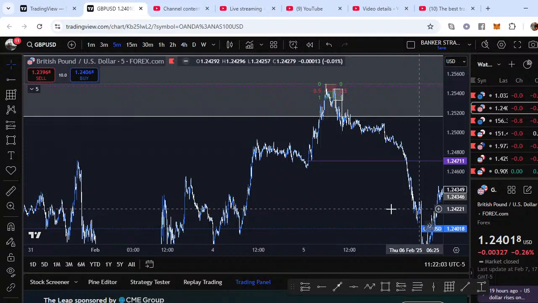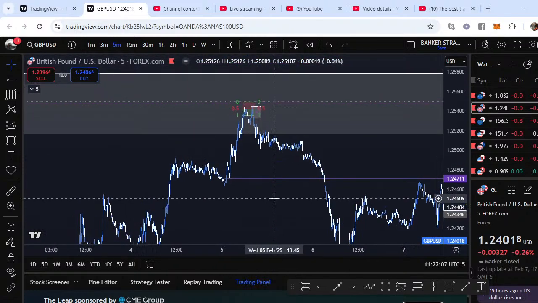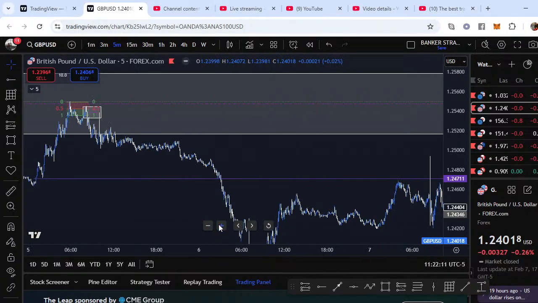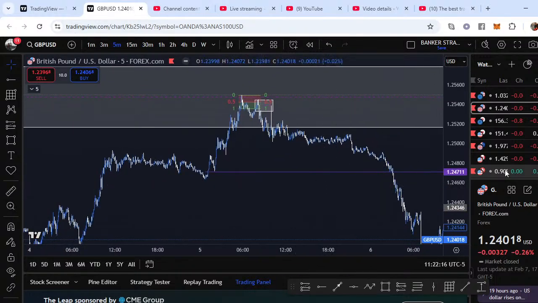And price just kept selling. But on my funded account, I'm gonna tell you something here. It's on a 5 minute time frame.